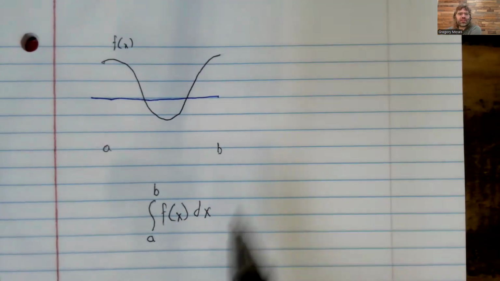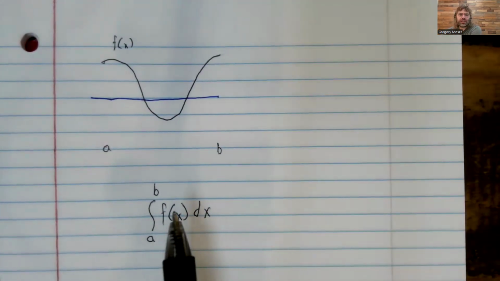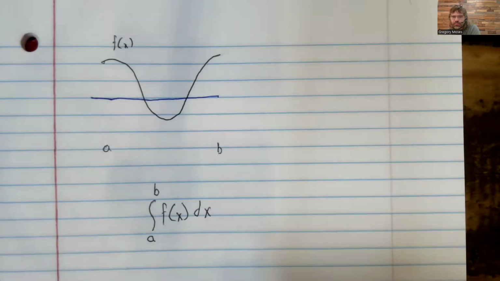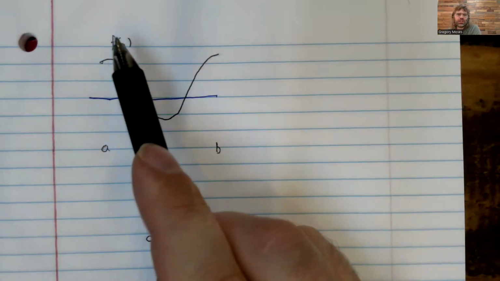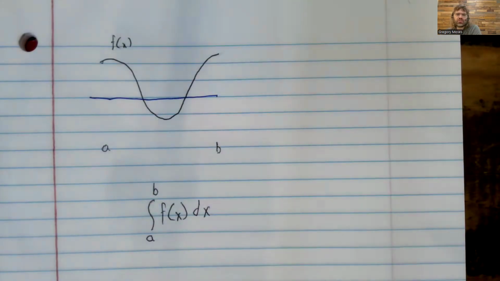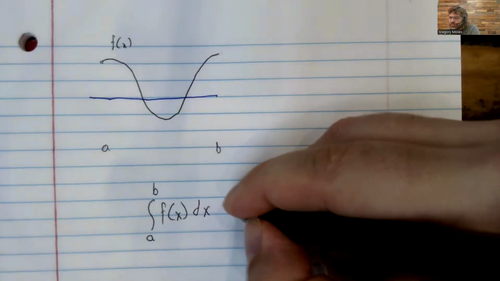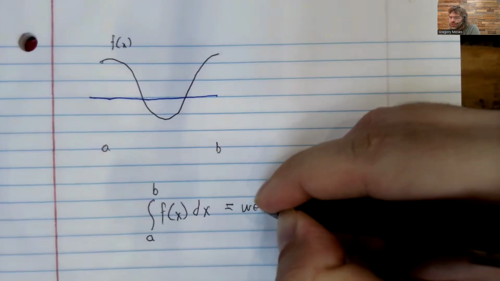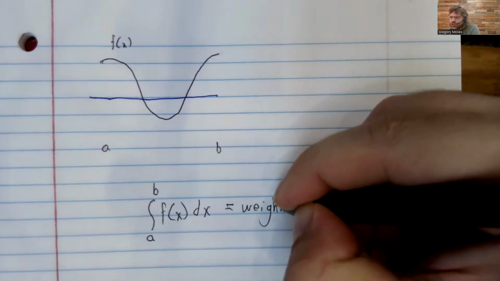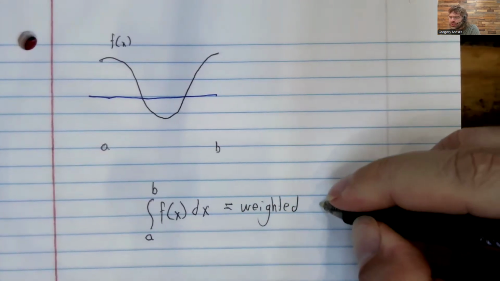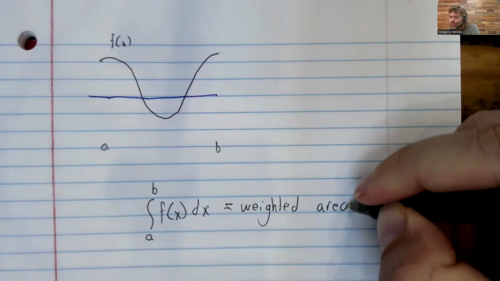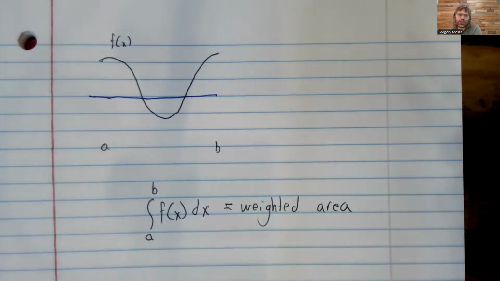Can we interpret this geometrically? Well, if the function is not always positive, then the area turns into the weighted area.